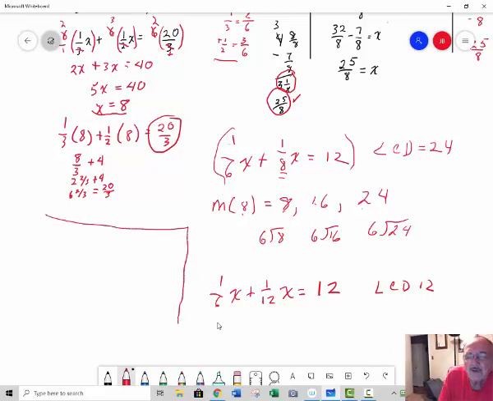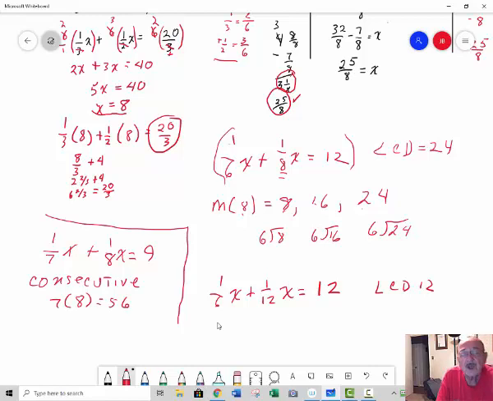If I have consecutive numbers, if I have 1/7 x plus 1/8 x equals 9, since these are consecutive, I know that 7 times 8 is my least common denominator. Okay? They are called relatively prime.